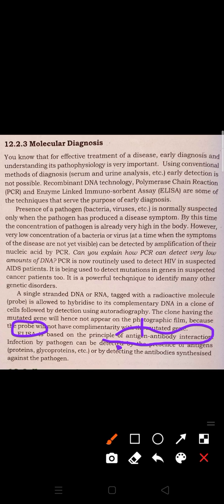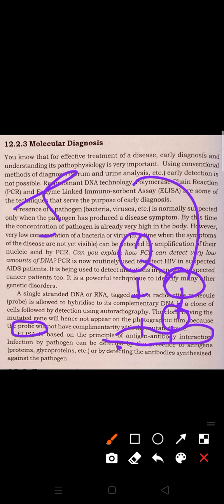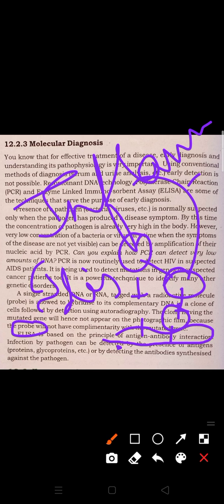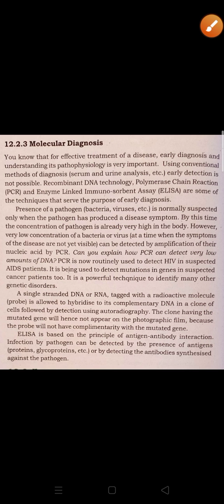Means the antigen that came from outside, and the antibody that the body made. If they both are present in the body, it proves that inflammation is there, and due to this inflammation disease is caused. So we can identify different diseases if we know which antigen is secreted and which antibodies are developed by our body. By this method only we can diagnose different kinds of diseases.